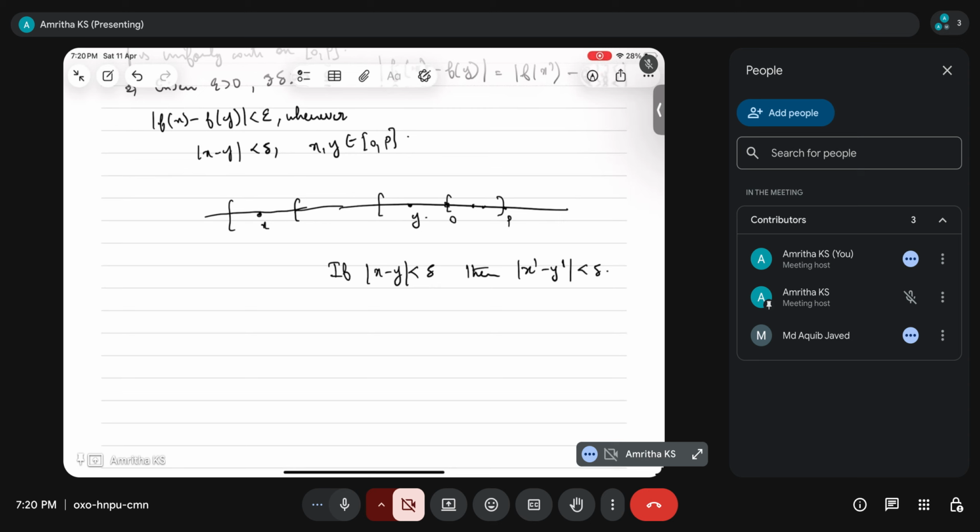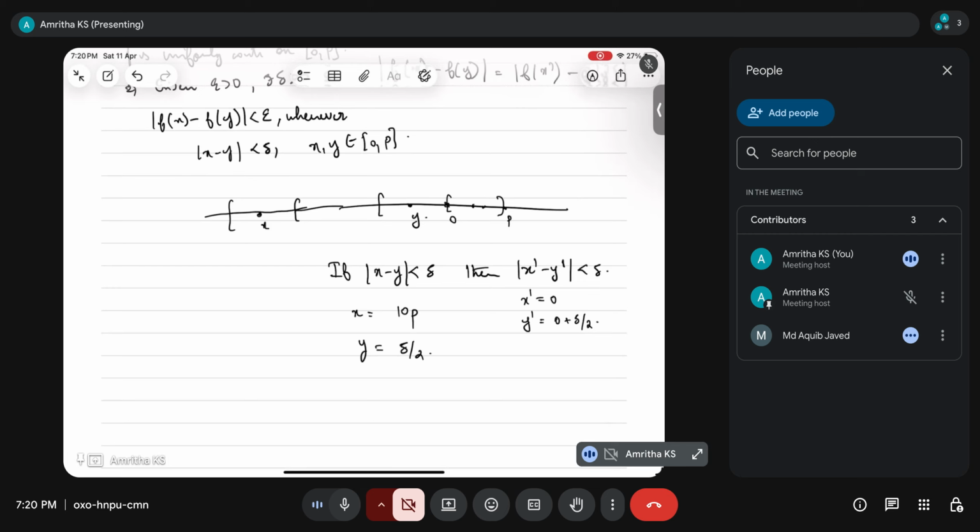If you take x' to be 0 and y' some 0 plus delta by 2, then you can take x to be some 10th p and y to be delta by 2, still you will get this.